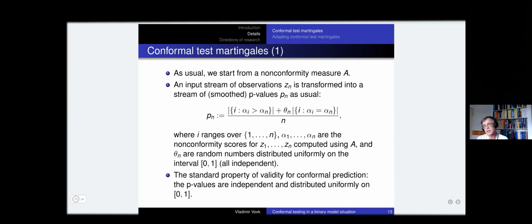If the observations are coming sequentially one by one, we can compute p-values. It's important that our p-values should be randomized. So we have this random number theta n for breaking ties, but conceptually it's very important.